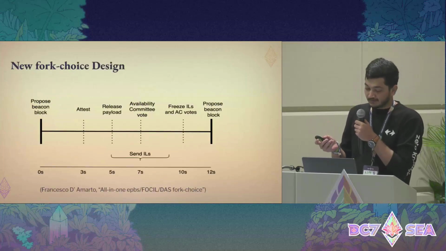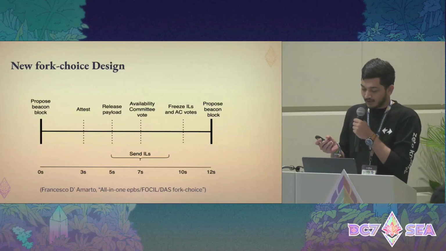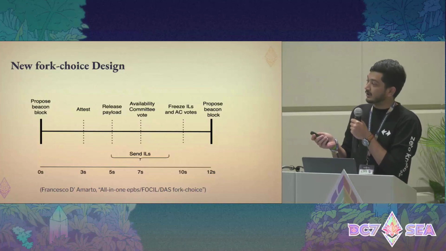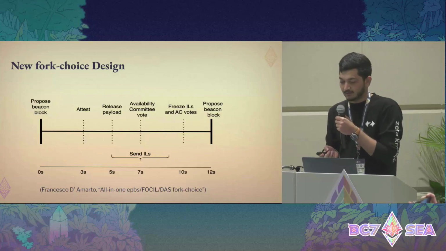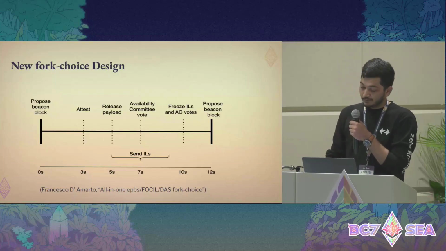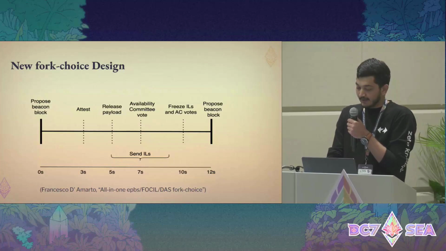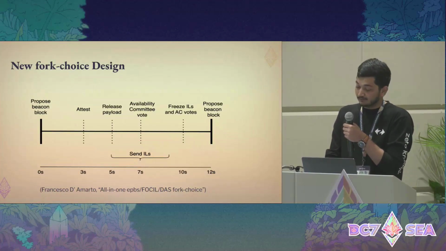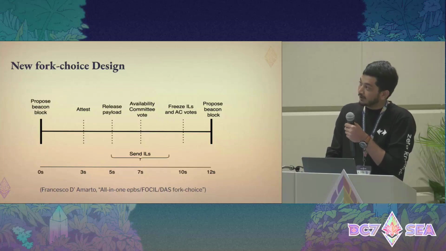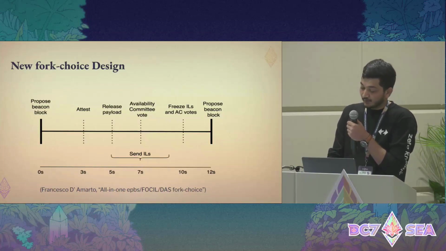This is what a slot would look like in the new fork choice design, proposed by Francesco in the last ePBS breakout room. This basically combines ePBS, FOCIL and DS into a unified fork choice framework, and it will support all three, an all-in-one fork choice which works for all of them.